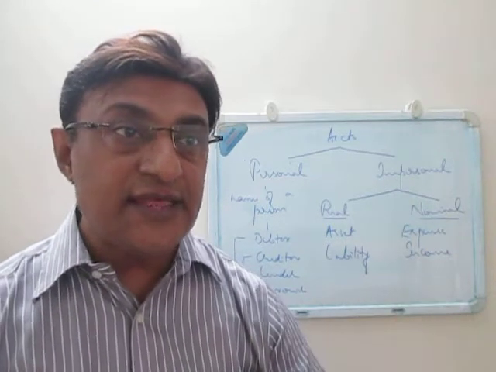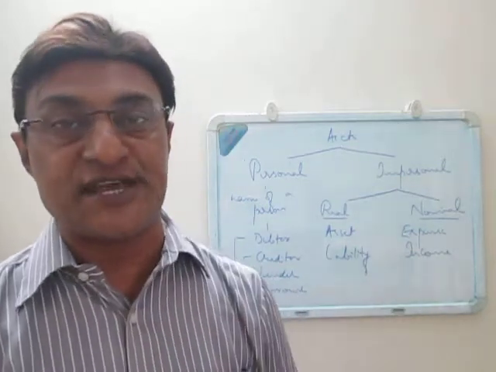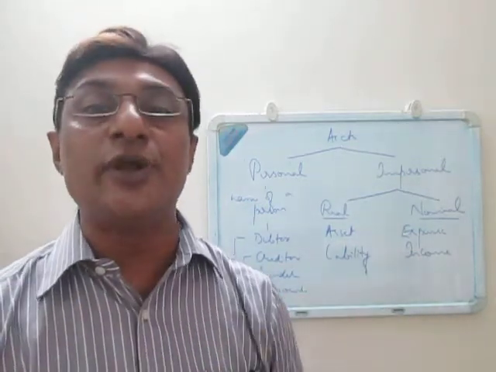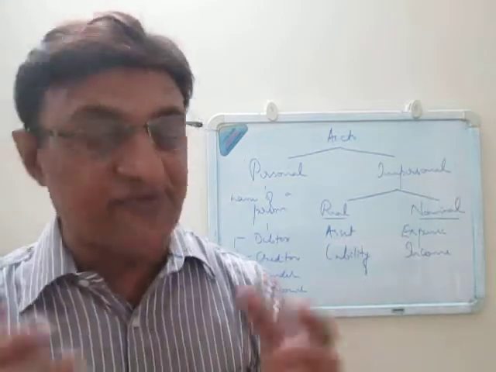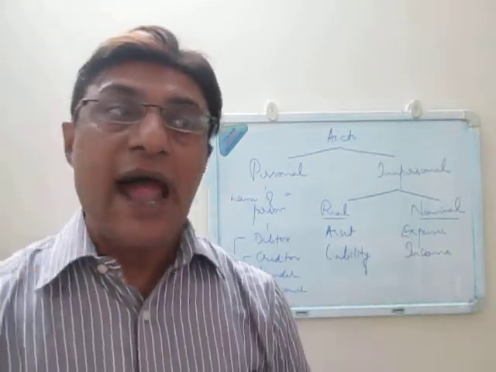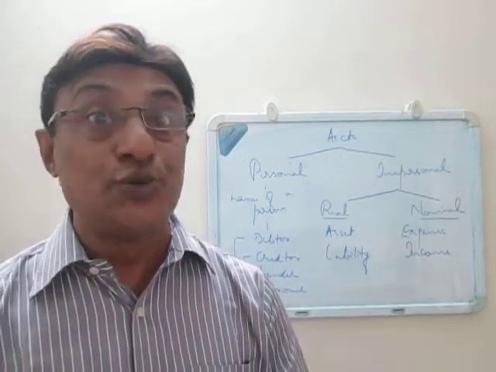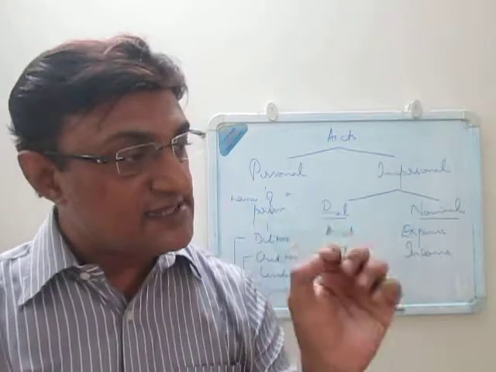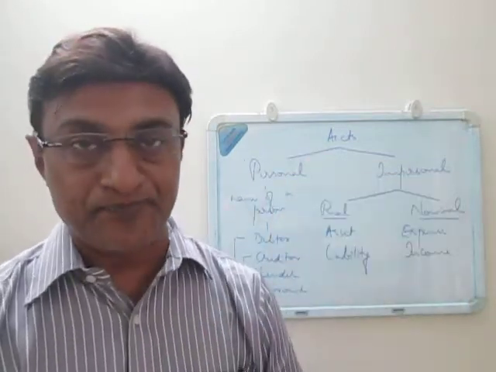So anything that comes up in an accounting transaction, in a business transaction, must be put into one of these 6 types of accounts, and the appropriate rule is applied to decide that yes, this account has to be debited, this account has to be credited.